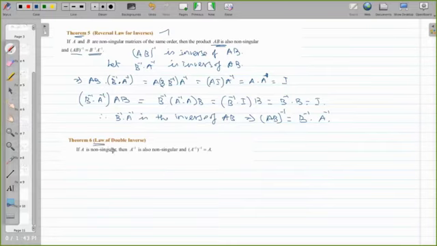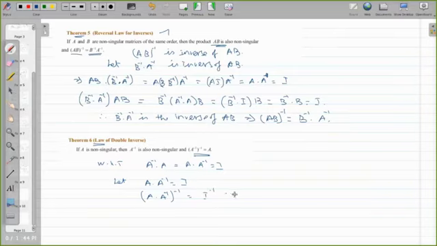Now, theorem 6, law of double inverse. That means A inverse whole inverse is equal to A. Children, we know that A inverse into A is equal to A into A inverse is equal to I. Now I am going to take A into A inverse equal to I and take the inverse on both sides. That means A into A inverse whole inverse is equal to I inverse.